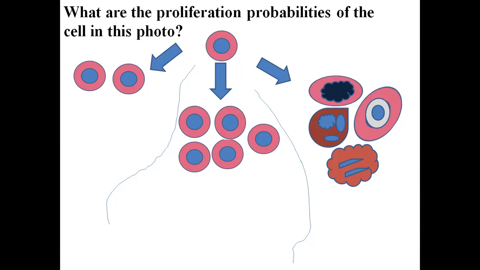Normally, one somatic body cell divides by mitosis into two similar cells of the same shape of the nucleus and the cytoplasm. But in malignant tumors, one cell may give rise to 10 cells, 50 cells. So the rate of proliferation is very high.